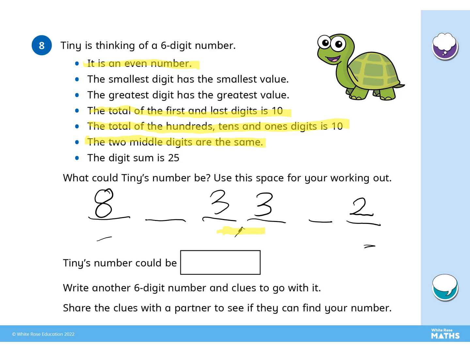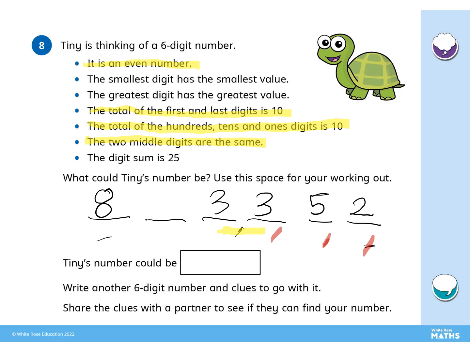Here are my hundreds, tens and ones, which then means I already have 5, which means this must be 5 to make it 10. 3 add 2 is 5, 5 add 5 is 10, so that's true as well now.